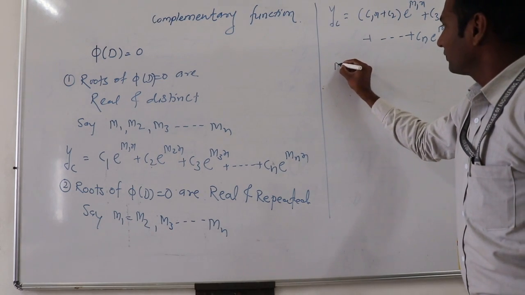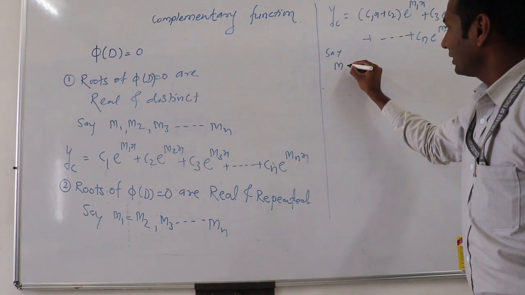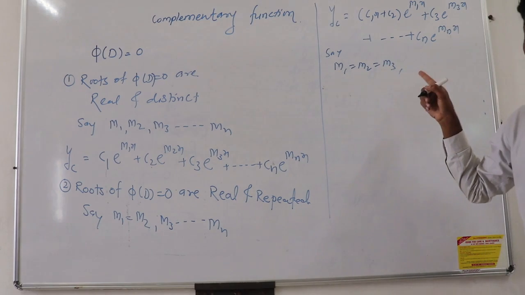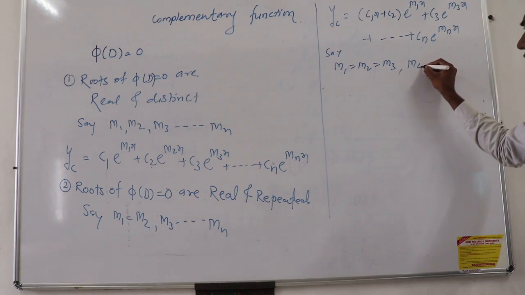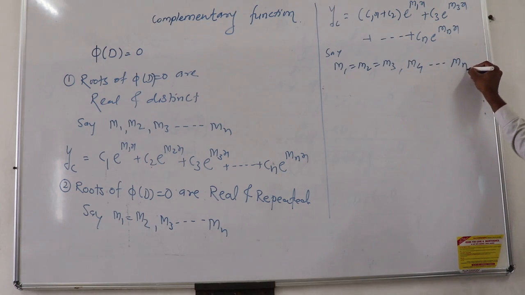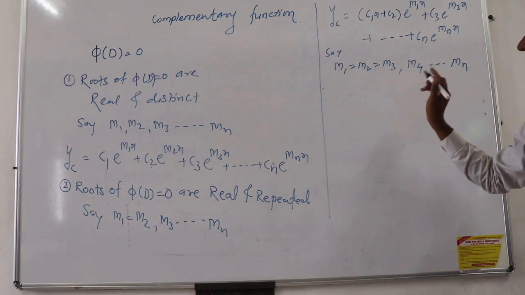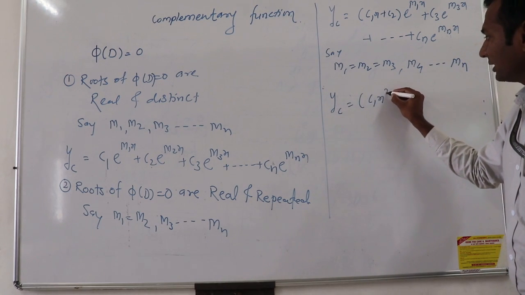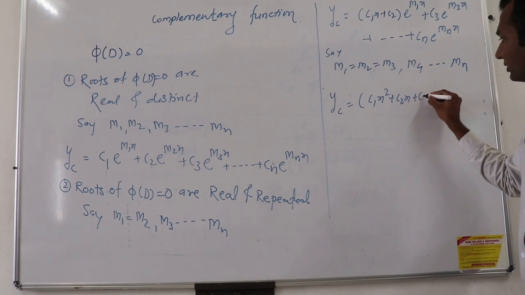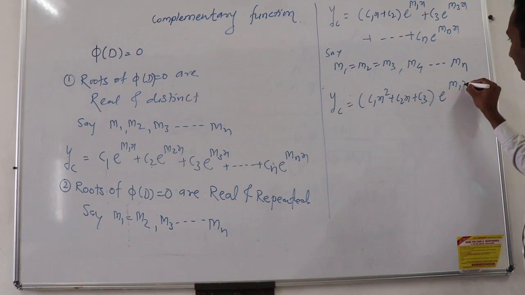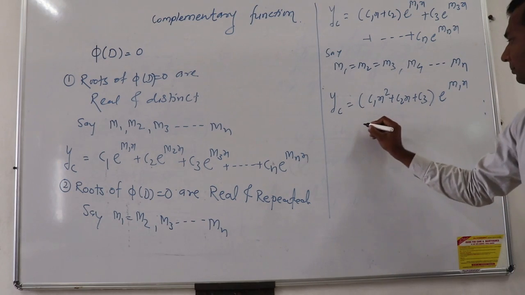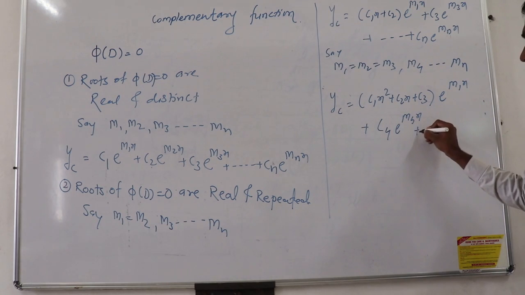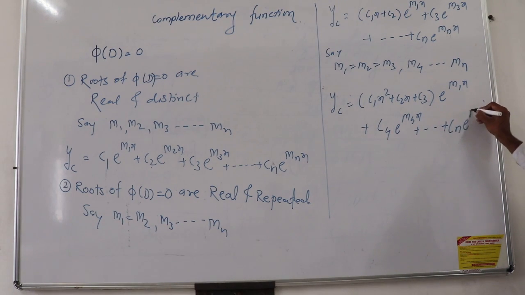Then if the roots m1 is equal to m2 is equal to m3, if three roots are equal and the remaining roots m4 to mn are again real and distinct, then its complementary function is yc is equal to (c1 x square plus c2 x plus c3) into e raised to m1x, plus c4 e raised to m4x up to cn e raised to mnx.